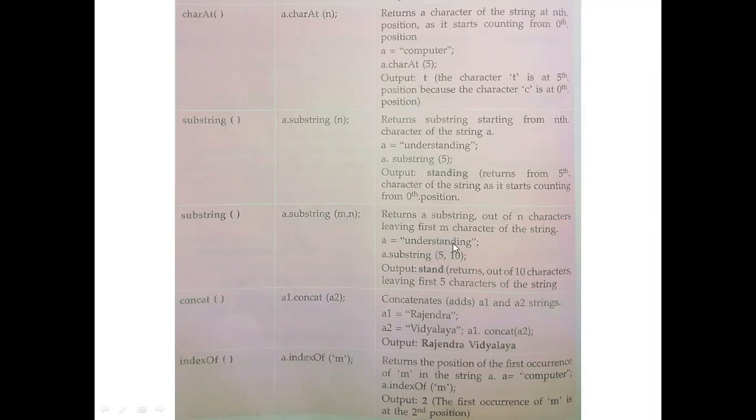Don't include the 10th, don't include 'i'. Only "stand". So we have two ways of using the substring function. Remember the exact outputs, otherwise you will lose marks.